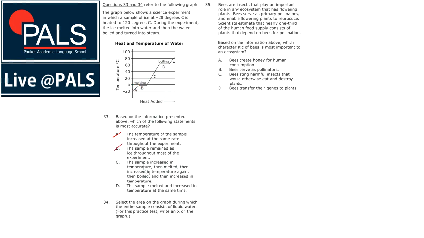The sample increased in temperature, then melted, and then increased in temperature again, and then boiled, and then increased in temperature. That sounds very accurate as a description of the graph. The sample melted and increased in temperature at the same time. Nope, when it's melting we can see the temperature is not increasing.